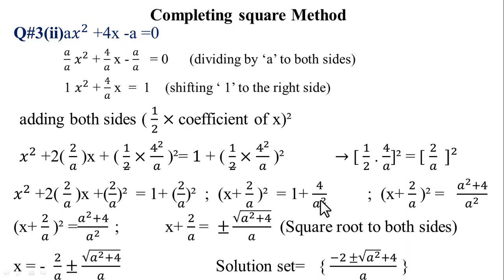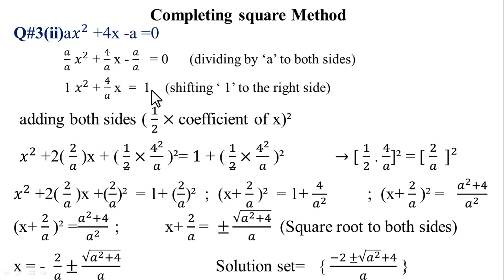Dividing both sides by a, the equation is (a/a)x² + (4/a)x - a/a = 0. Here a is cancelled out by a, and similarly a is cancelled out by a.